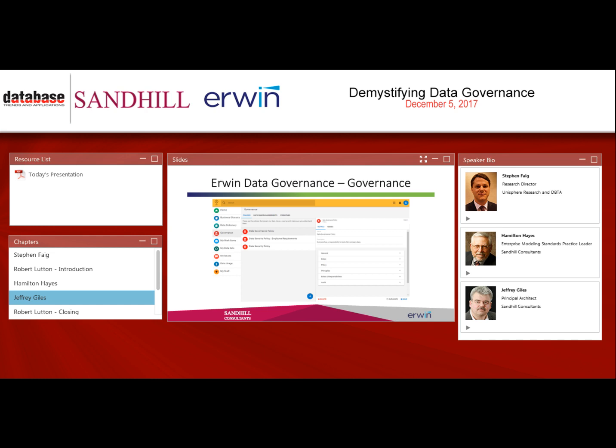Now, as Ham mentioned, you've got people that are going to be stewards, and those stewards will be assigned to either a domain or some particular area of the business that they collect and manage the information for. And that's what this slide is basically talking about, is that governance infrastructure about the policies, the processes, who does that kind of stuff is here. So this is really kind of an overlay on top of those other two perspectives.